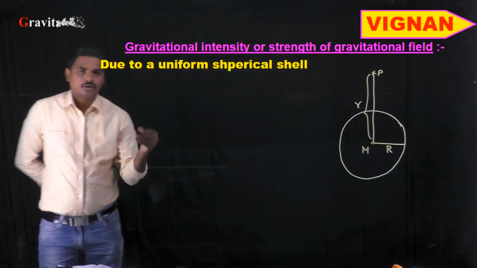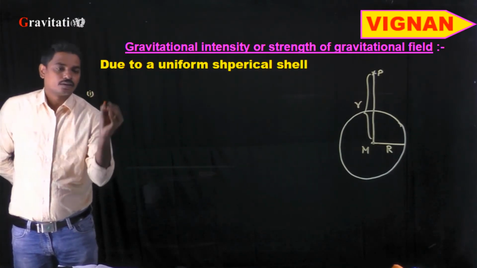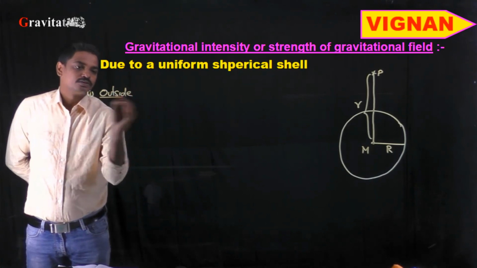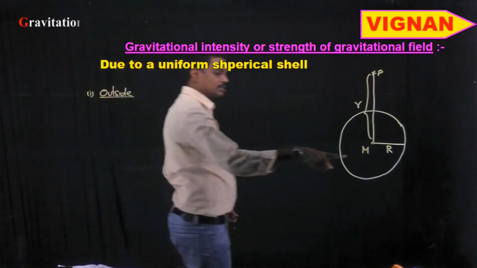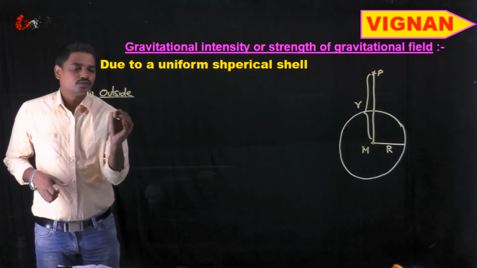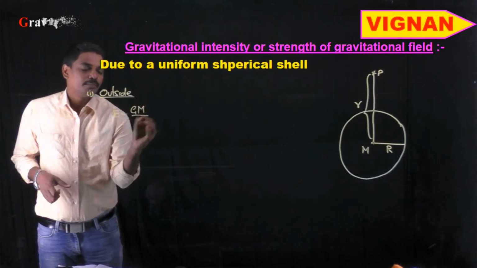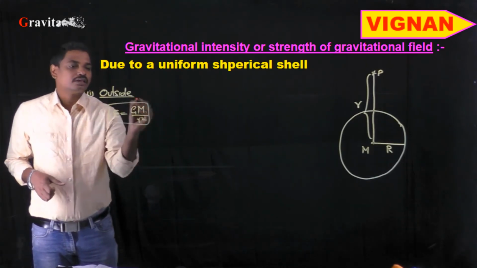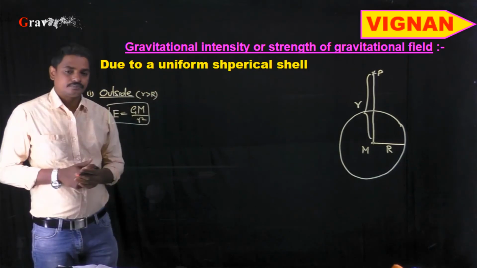So, for outside the spherical shell, here the mass is capital M and the distance is r. We know that the strength of the gravitational field E is equal to G capital M by small r square. So here the case is r greater than capital R, right?